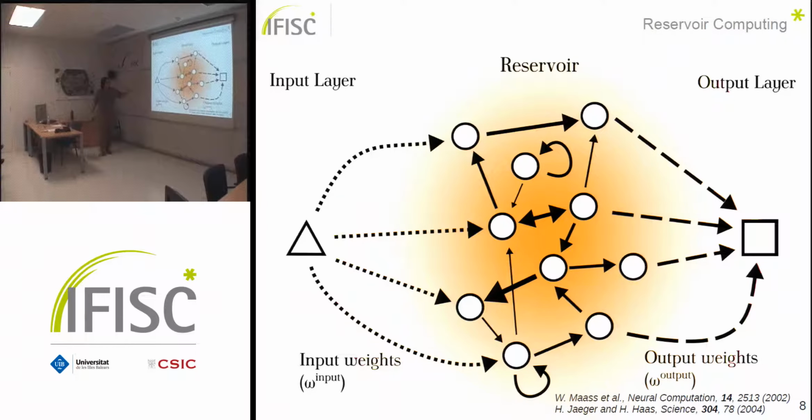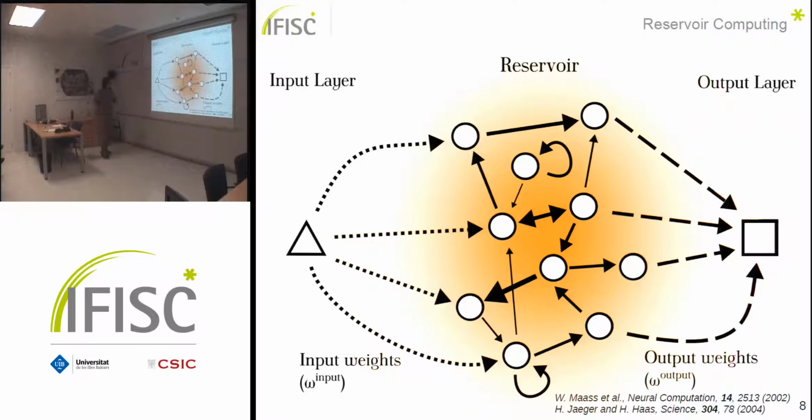The thing is that when you inject information from the input layer to the reservoir, you are projecting the information in a much higher dimensional space, thanks to the nonlinear properties of the nodes. So this, hopefully, will make, for example, classification of information much easier, which will be performed then on the output layer.